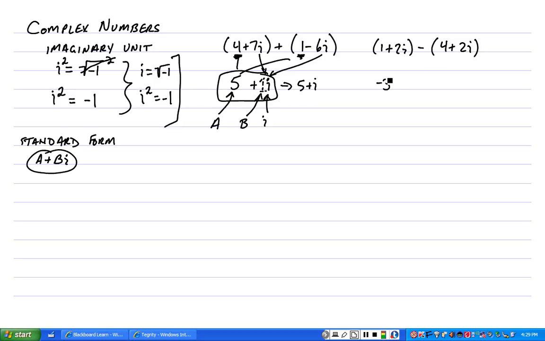So I end up with just negative 3, because 2 minus 2 cancels. So you just end up with negative 3 for an answer.